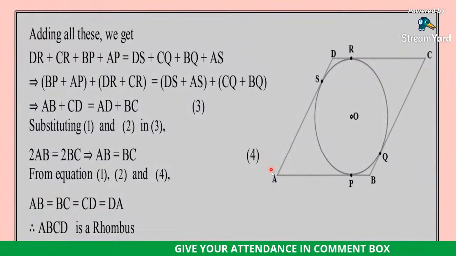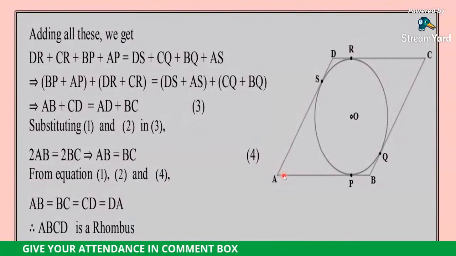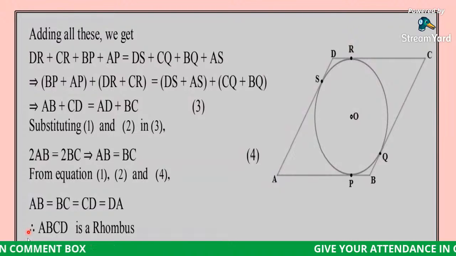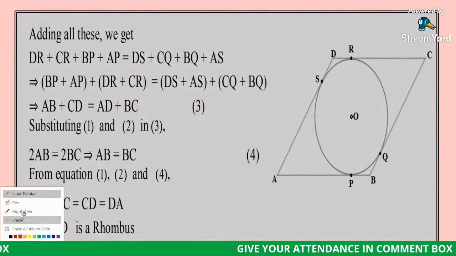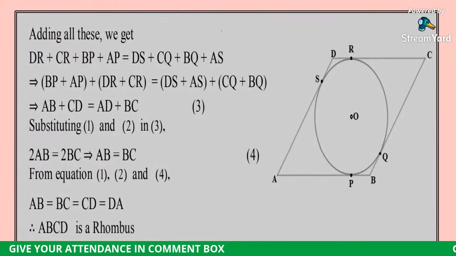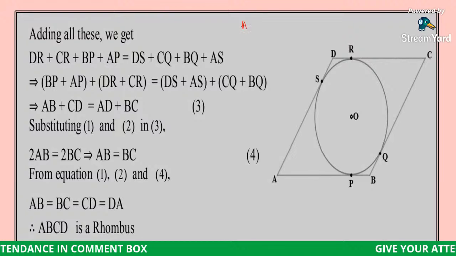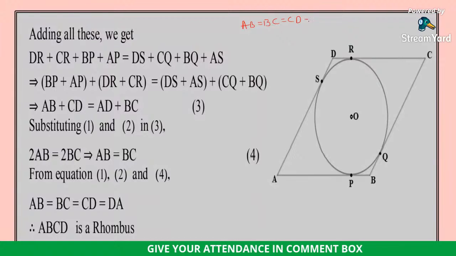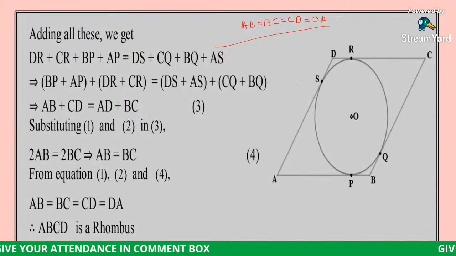Here we have to prove that ABCD is a rhombus. Means what we have to prove? If you want to prove ABCD is a rhombus, then you have to prove AB is equal to BC is equal to CD is equal to DA, that all the four sides are equal.